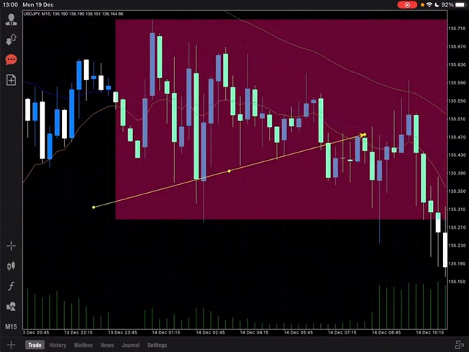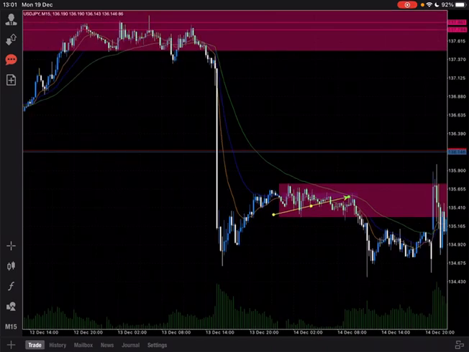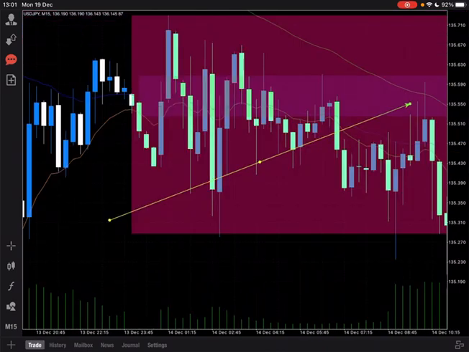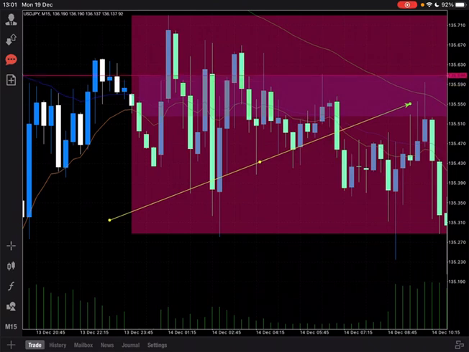If I see that, let's say I use a box to mark it like this. There's support over here. Price came back, rejections, leaving wicks. Resistance broke up is support, then resistance again. So we know that the price is playing around here. Then we line that up from top to bottom like this.